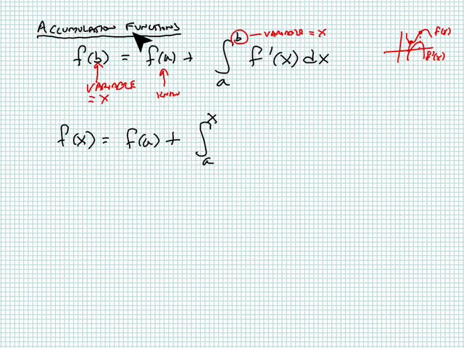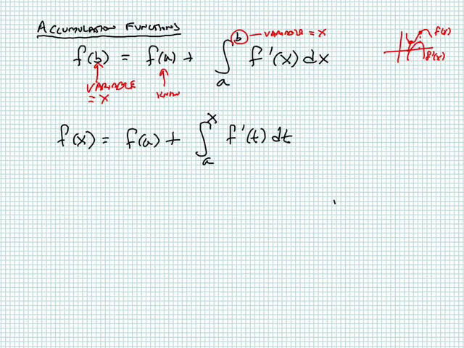Generally with these accumulation functions I need a dummy variable, if you will, that's not x, as a placeholder until I've completed the integration process. Traditionally that dummy variable is t. Now t is not necessarily time, it's just a dummy variable. So I'm going to write this as f prime of t dt.